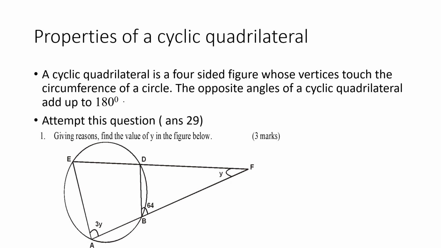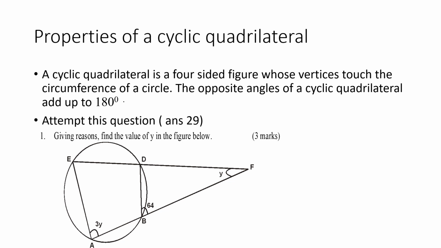So opposite angles of a cyclic quadrilateral, meaning angle A and angle D, when you add them, they will give you 180. Similarly, angle B and angle E, when you add them, they will also give you 180. Basically, those are the properties of a cyclic quadrilateral that you need to know. And with that, you can be able to answer any question.